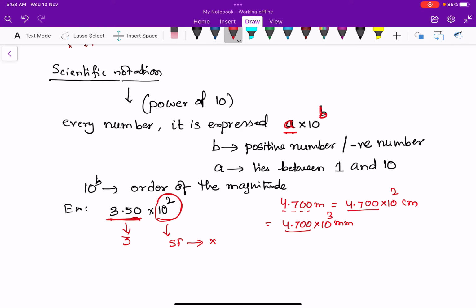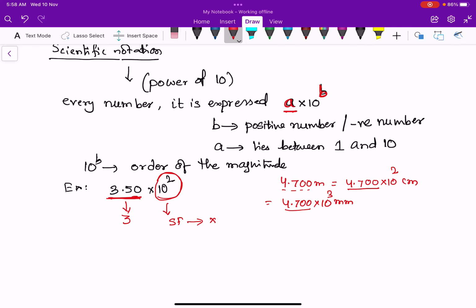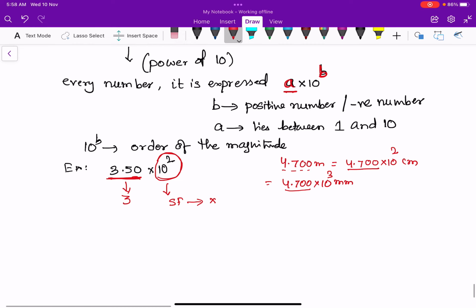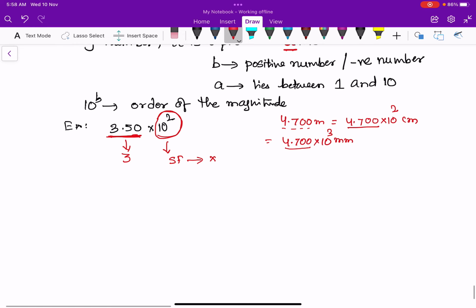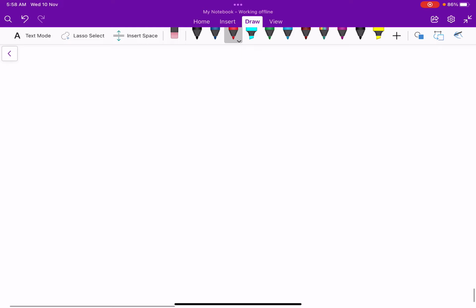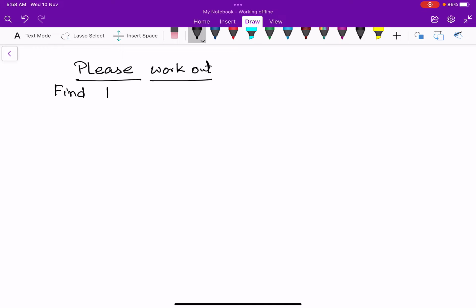So zeros and non-zeros we had already seen, right? And now we shall see rules for arithmetic operations. Now a simple work is there that you can do. Please work out the number of significant figures for the following.